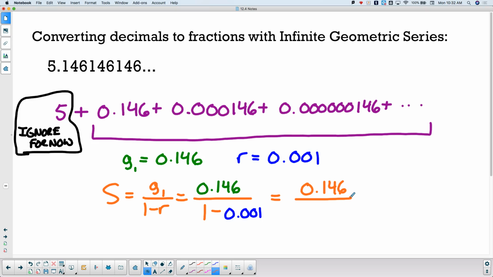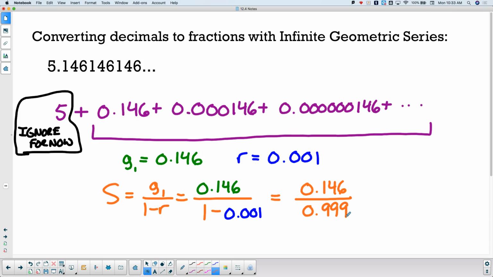What do we got? 0.999, right? Do I like that fraction? No. So what am I going to multiply by? 10?